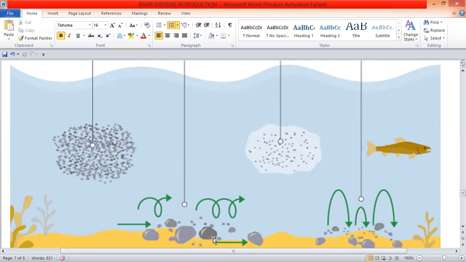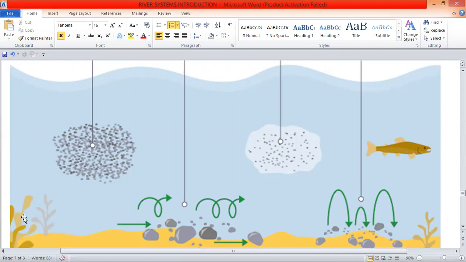And then saltation, look at the arrows. The load is bouncing up and down, up and down as it is transported downstream.